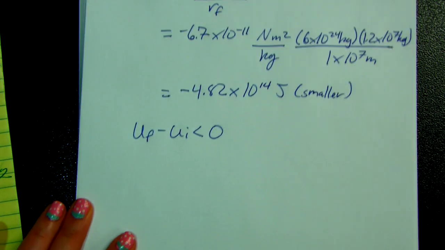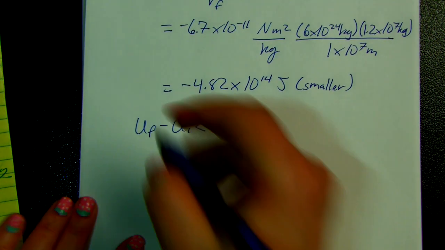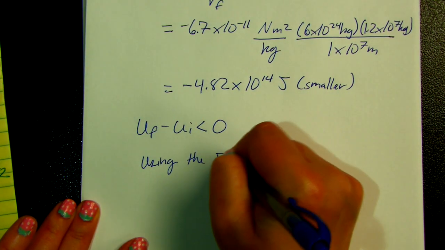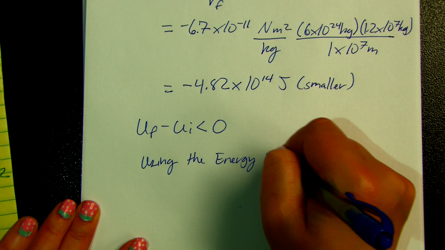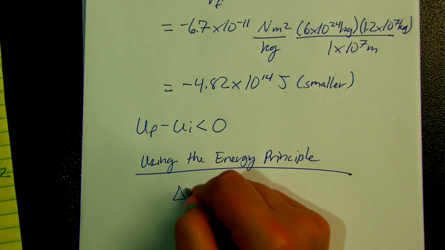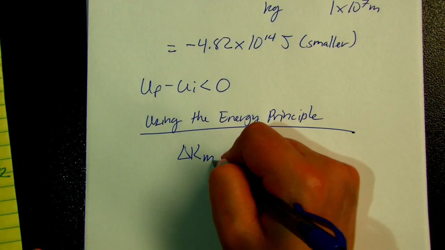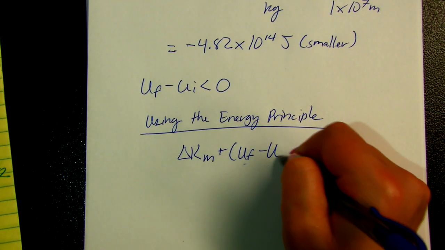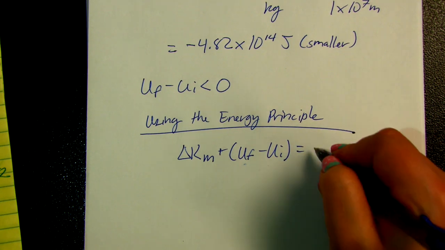Okay, so using the energy principle, the change in kinetic energy of the meteor plus U_F minus U_I is equal to 0.